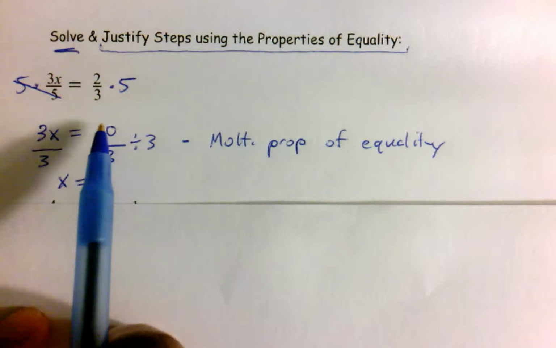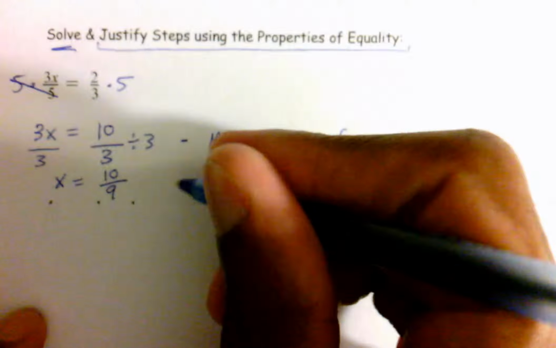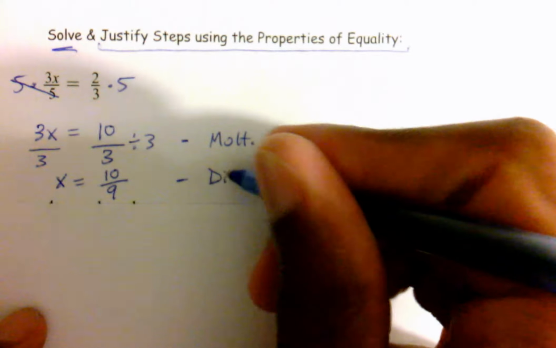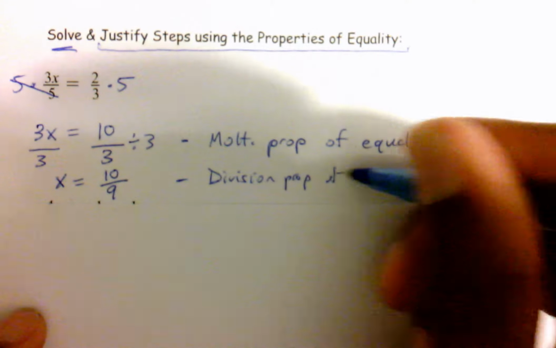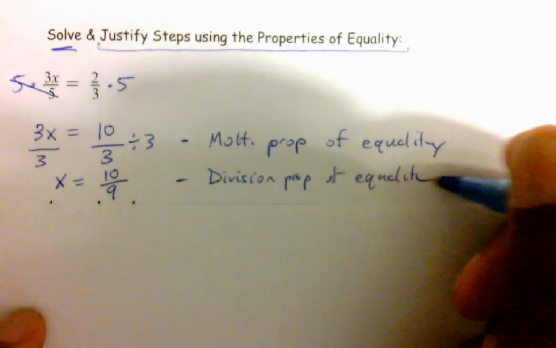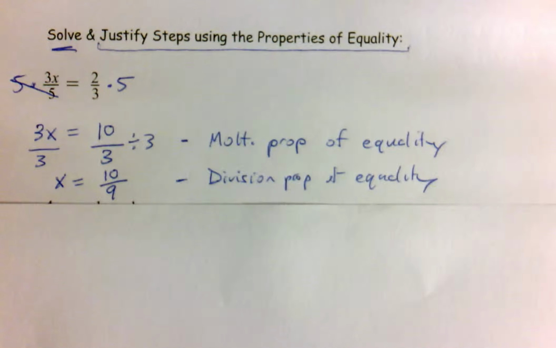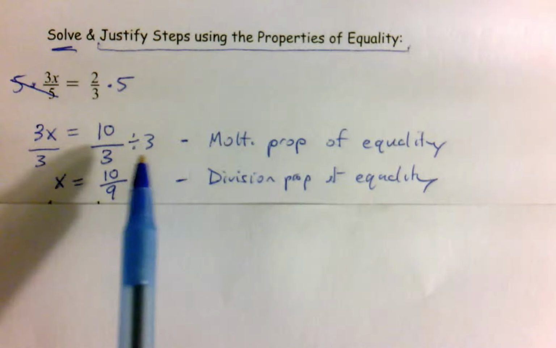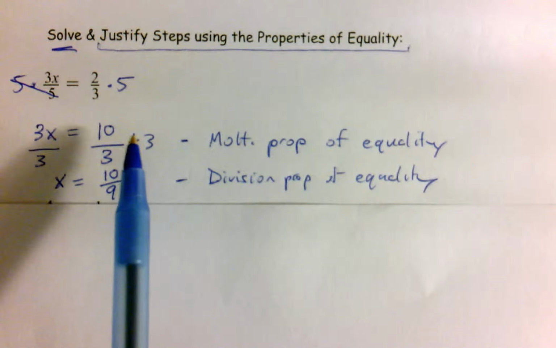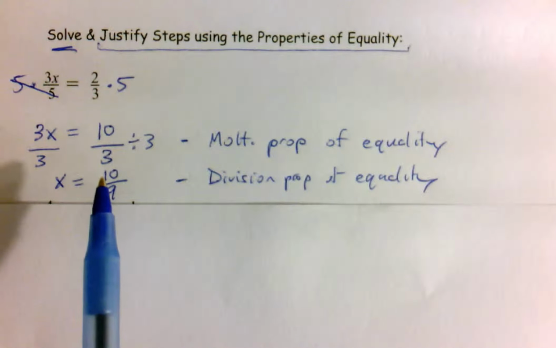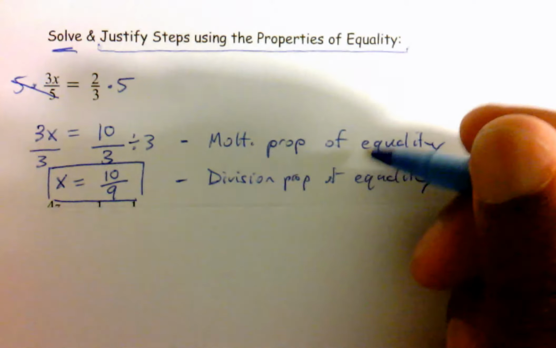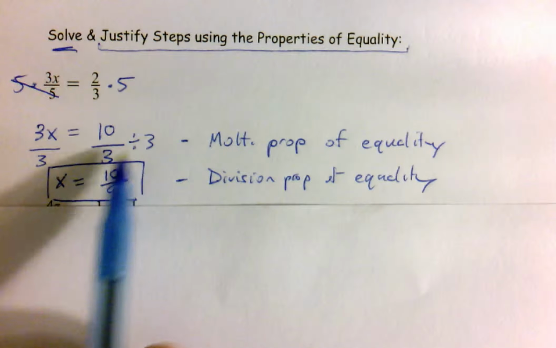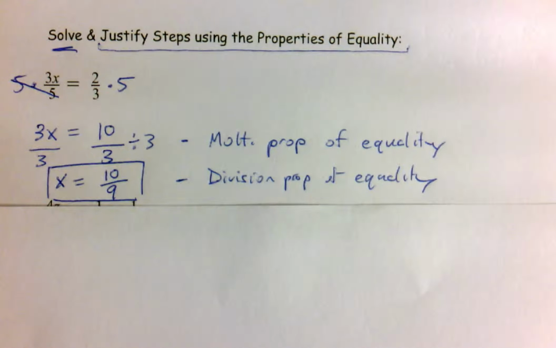So that is 10 over 9. And this is going to be my division property of equality, and I got that one straight from my list. What I'll notice though is that dividing by 3 is the same as multiplying by 1/3. So that is how we got this answer, by using these two properties and recognizing that when I divide by 3, I'm multiplying by 1/3.